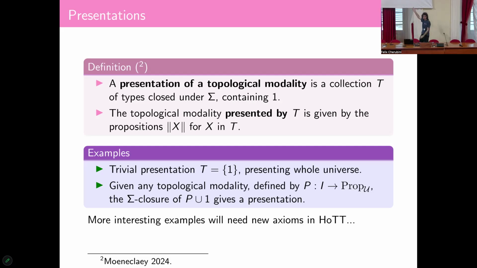That's just being a proposition. But in order to enforce it being an actual presentation, it needs to be closed under sigma and contain one. So I close it under sigma and add one. And it presents the same thing. So it's really just, there's very little difference.